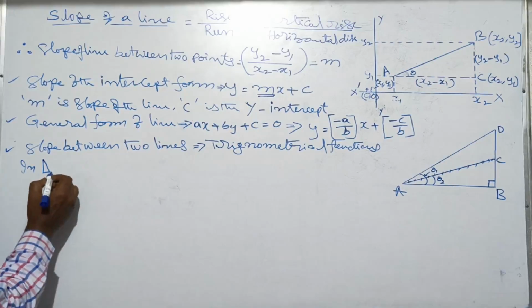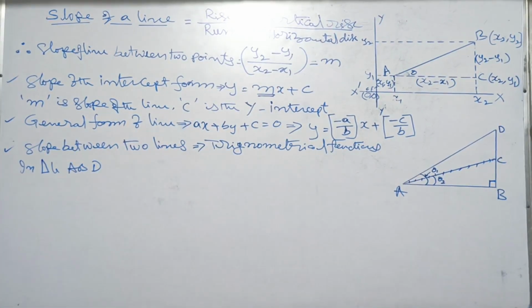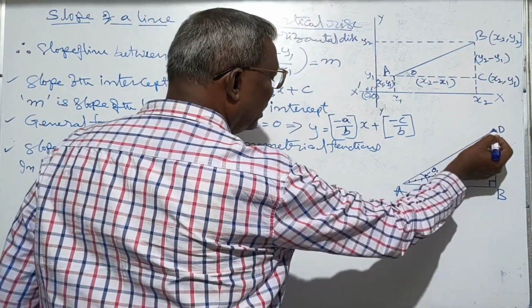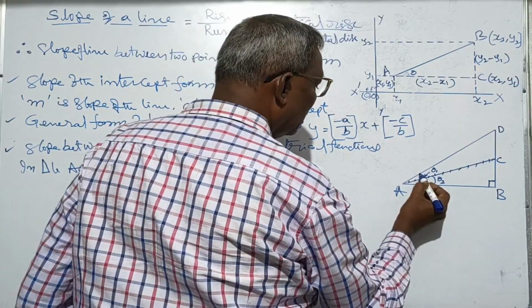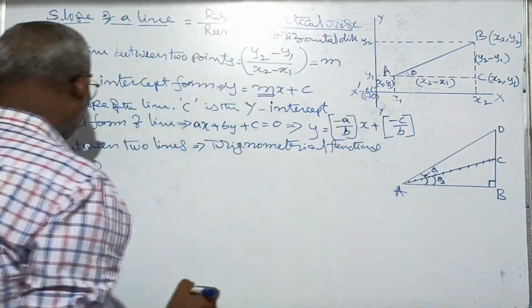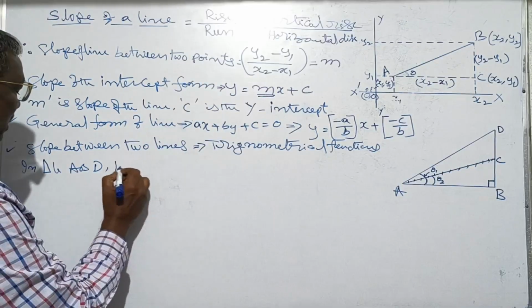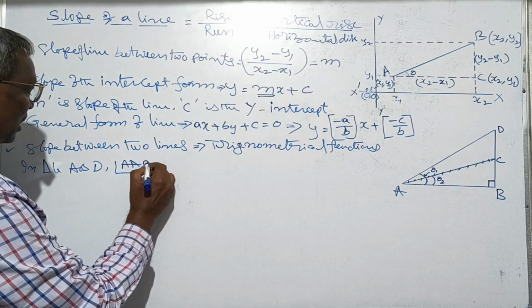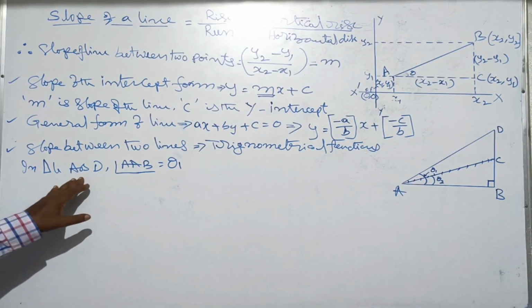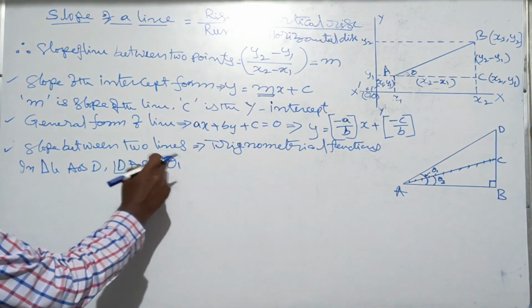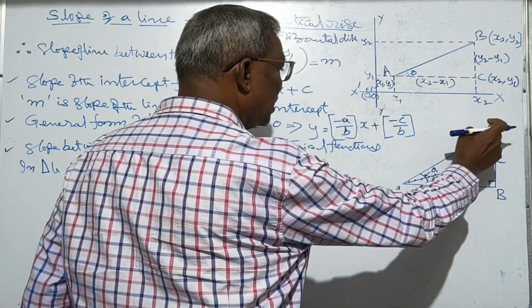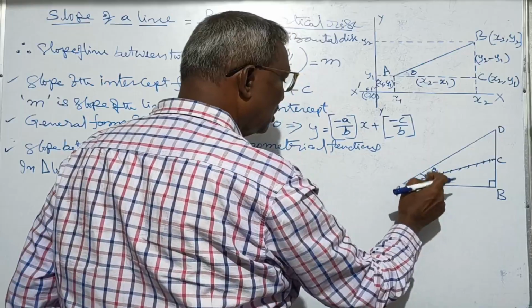In right angle triangle ABD, angle B is a right angle, and angle DAB is equal to theta 1.